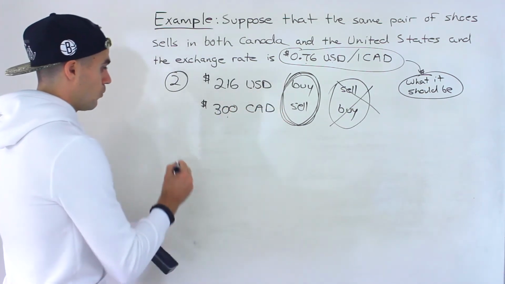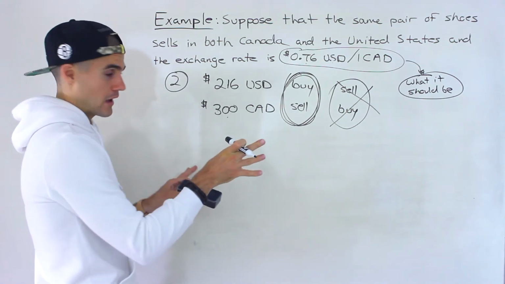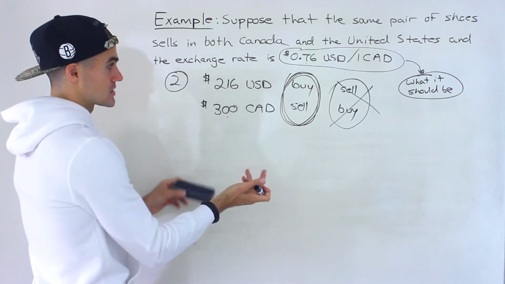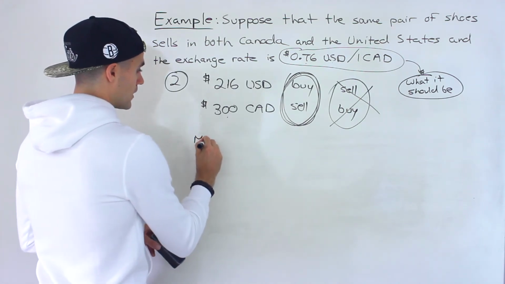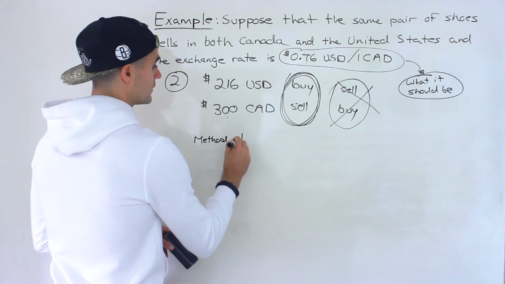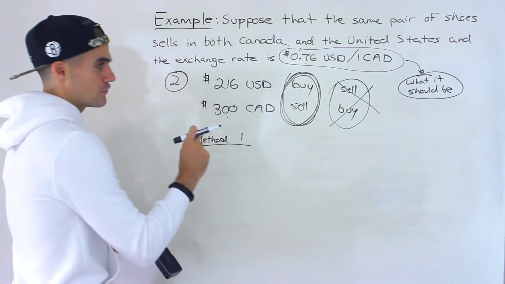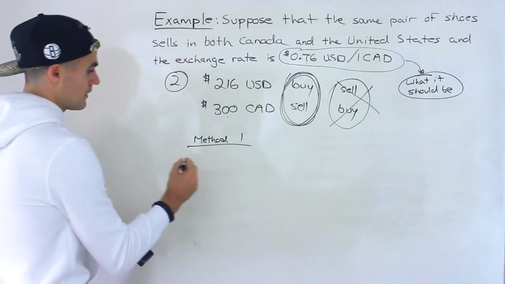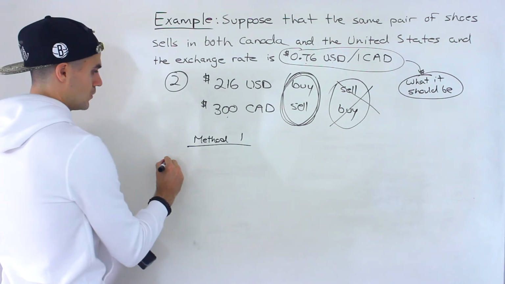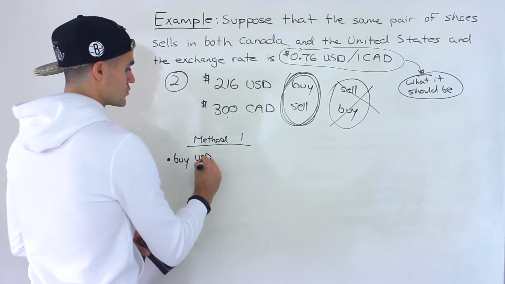Now, what would the actual process be? How would we actually execute this? Well, there's actually 2 ways. So method 1, to actually show what the arbitrage profit would be, we can get the profit in either USD or we can get it in CAD. So method 1 would be we just flat out buy the USD shoes.